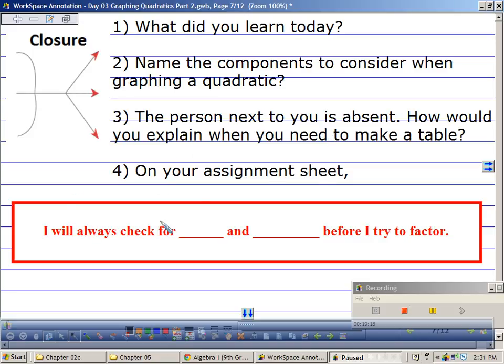On your assignment sheet, I will always check for what and what before I try to factor? Greatest common factor, and what else? You should look for negative, good, but before that you should always be looking for greatest common factor and squares. Good job, guys.